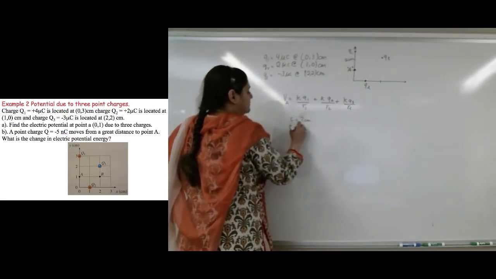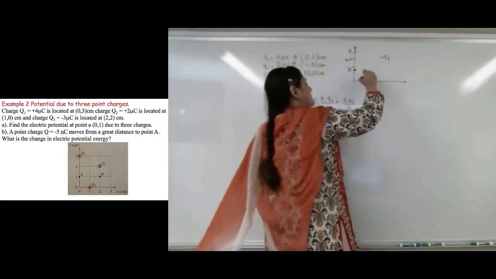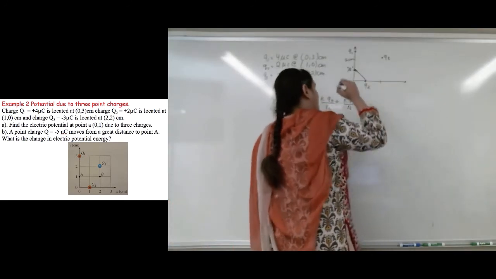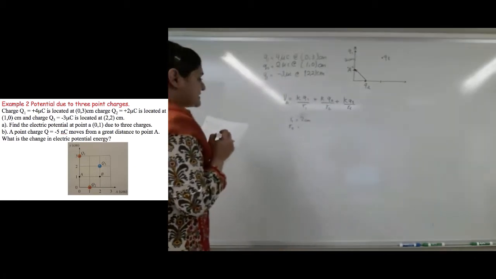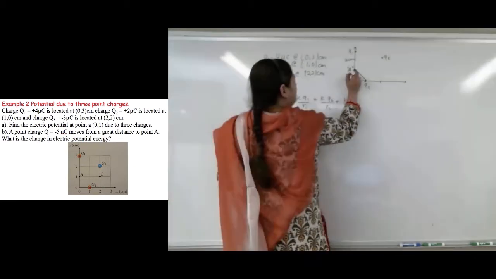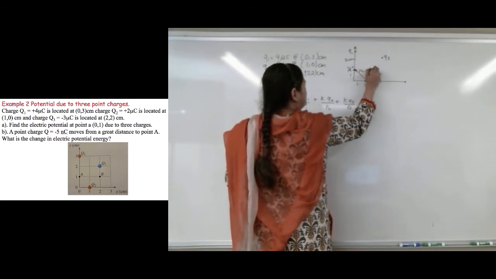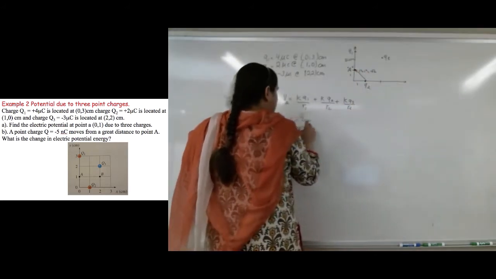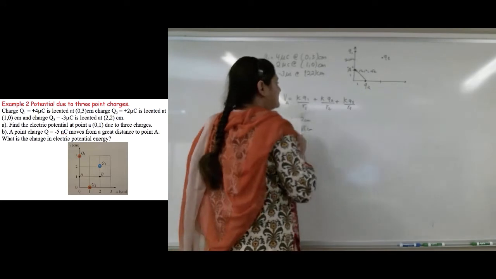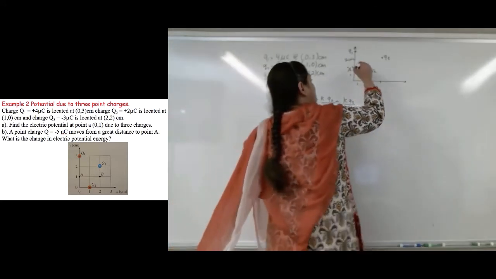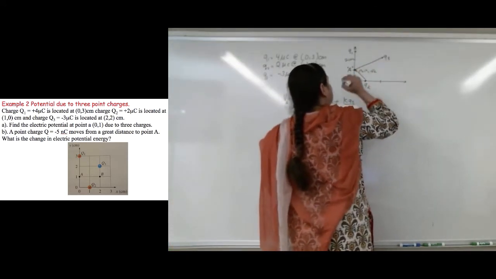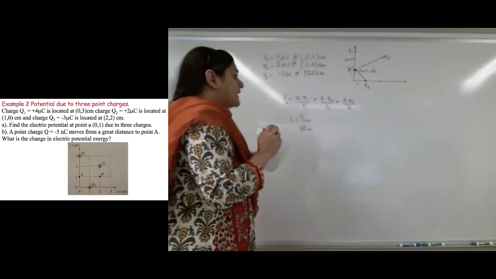R2, on the other hand, is this distance here. How do I find this distance? Well, this is 1 and this is 1, so it'll be the square root of 1 squared plus 1 squared, which is square root of 2 centimeters. And R3 will be this distance here. How do I find this?